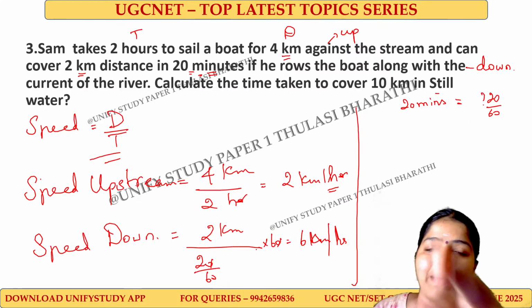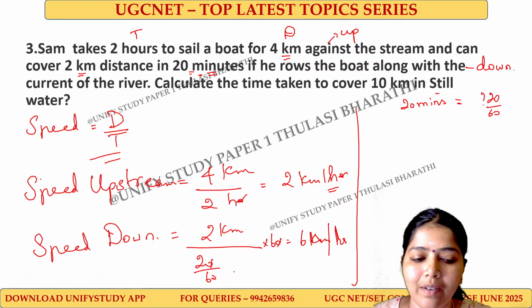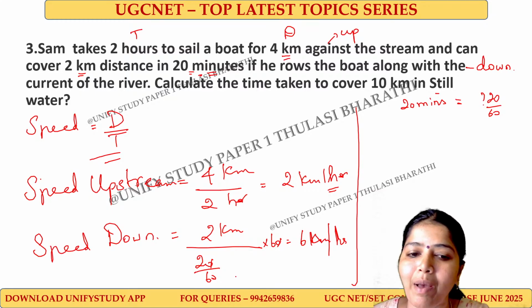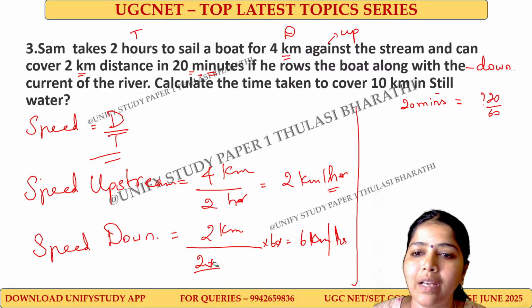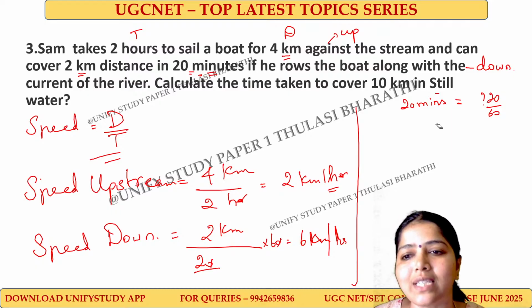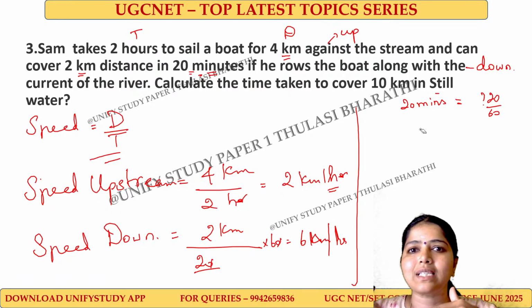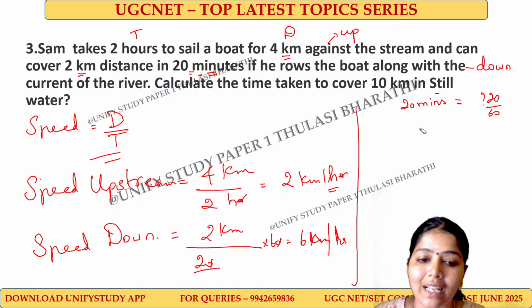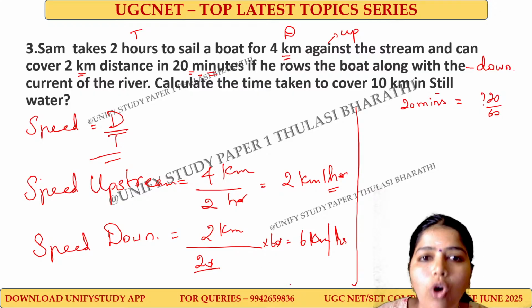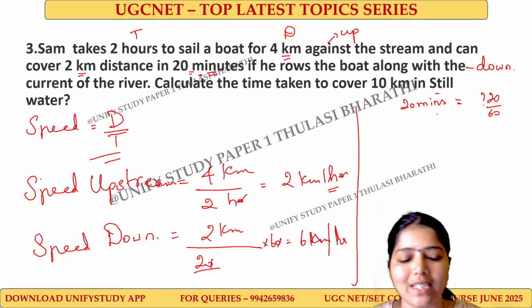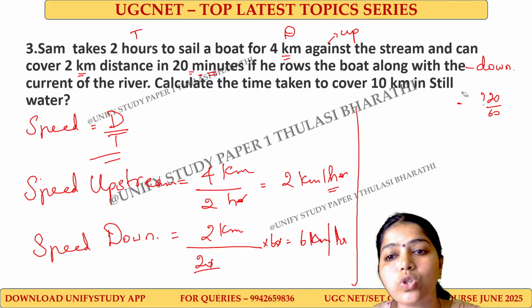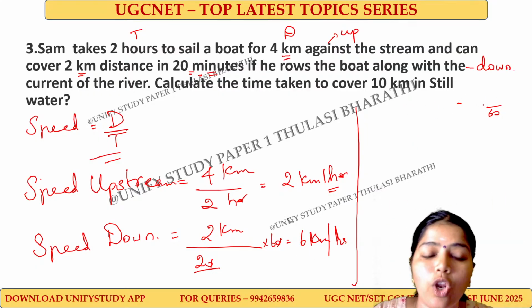That's why I put it in the numerator. 20 minutes, how many hours is it? 20 divided by 60, that is 1 by 3 hour. We used to say that, right? That's why the 60 comes in the numerator, and it becomes 6 km per hour.